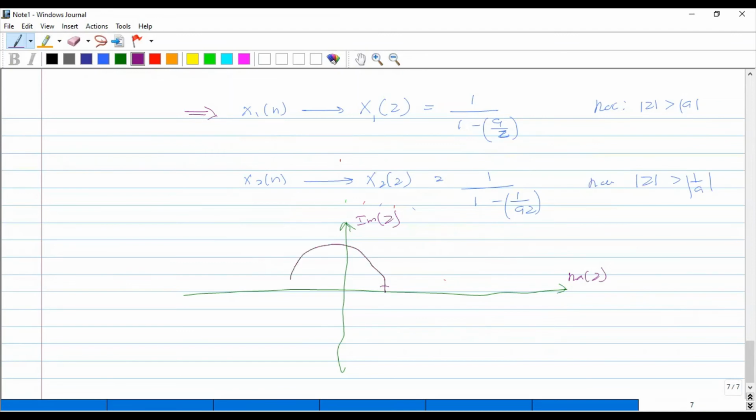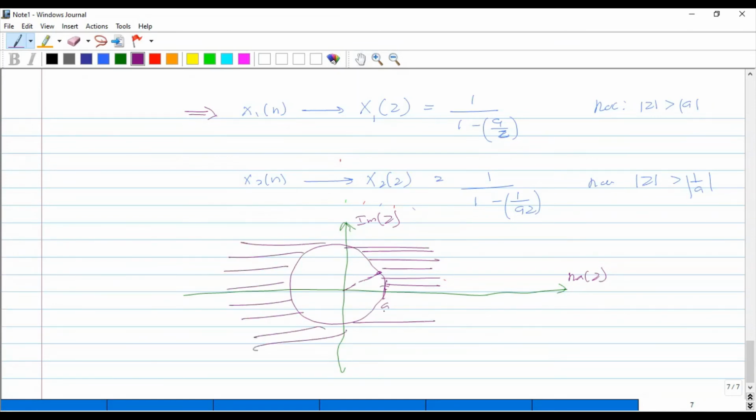If I draw a circle with radius a, this is the magnitude of z, and that magnitude is greater than a. That means this area. Correct? Then this ROC includes all the values outside this circle.